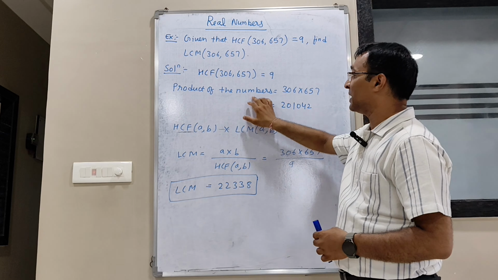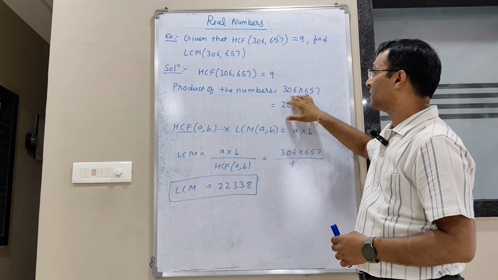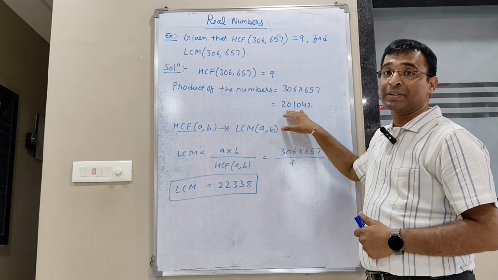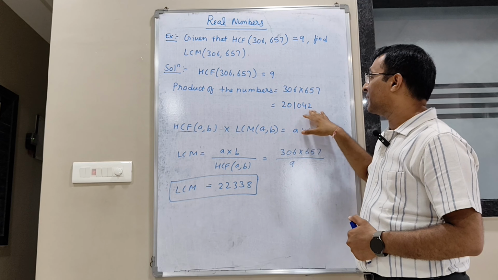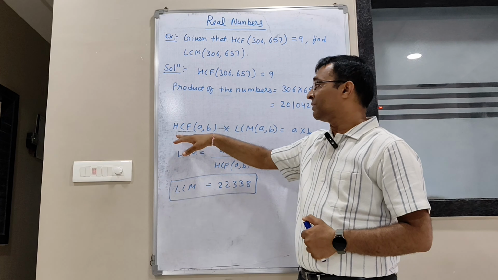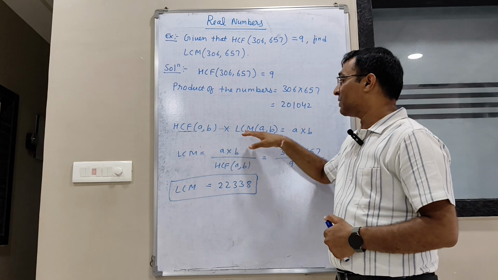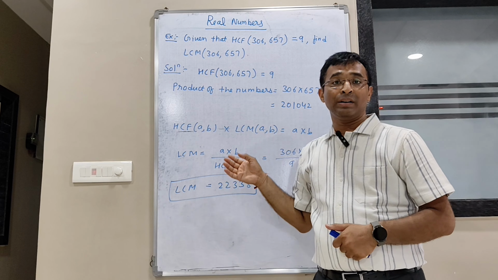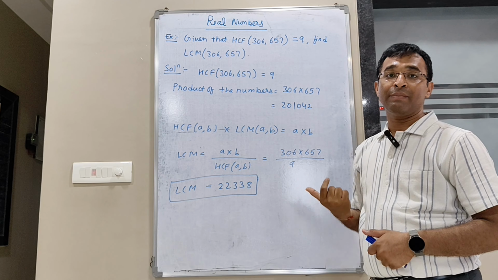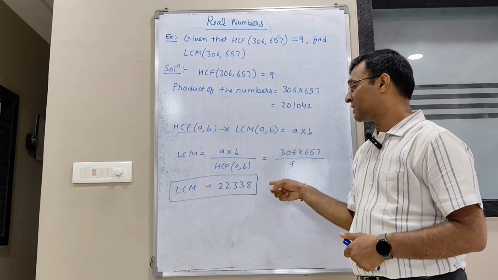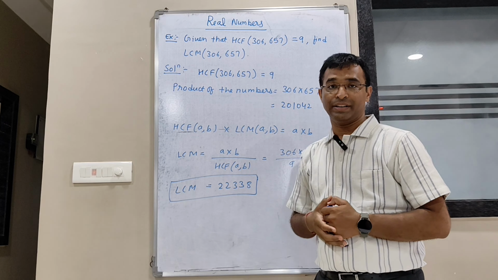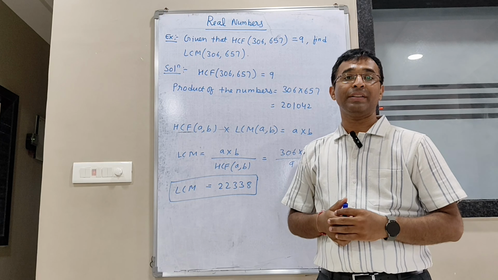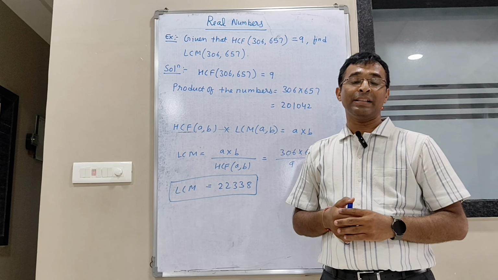So we take the product of the two numbers, 306 and 657, which equals 201,042. We'll use the relation HCF into LCM equals the product of the numbers. If we rearrange this equation and put the values in, we get LCM equals 22,338. As you can see, it is very easy and simple to calculate the LCM and HCF.